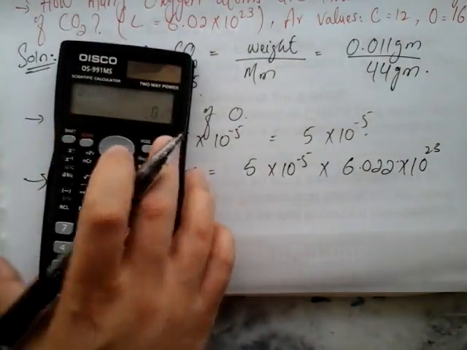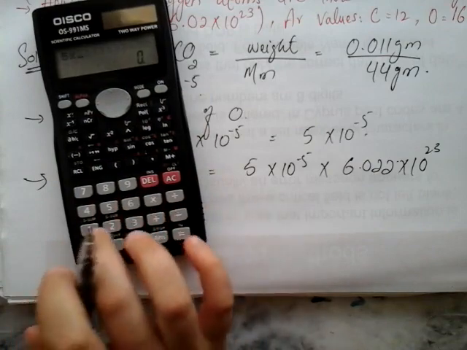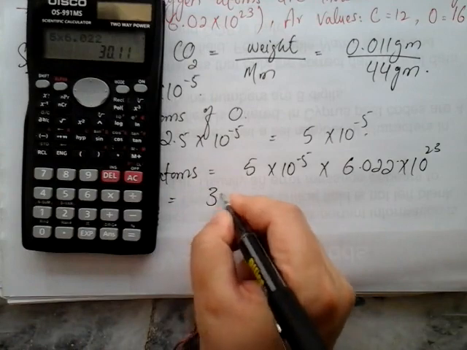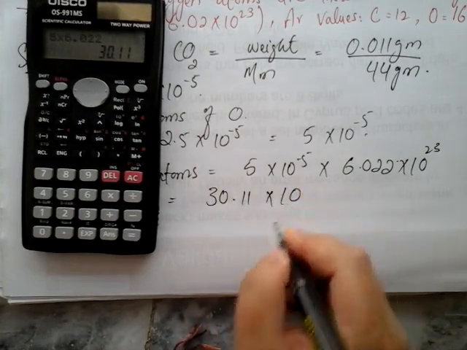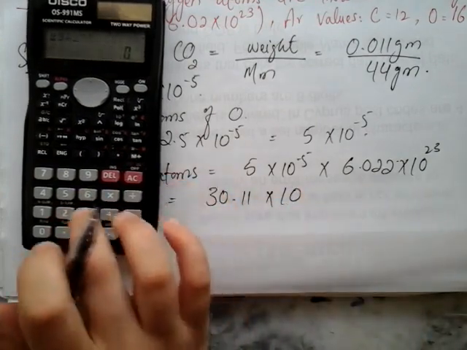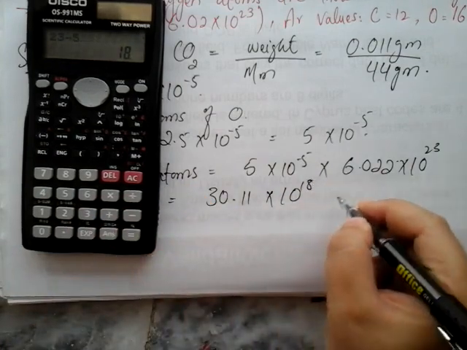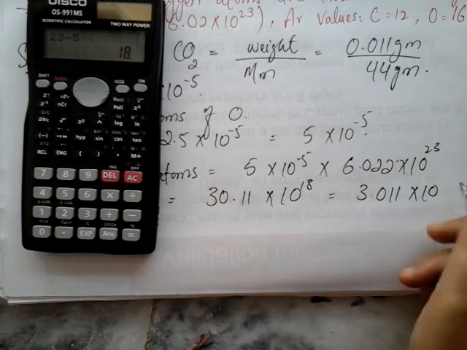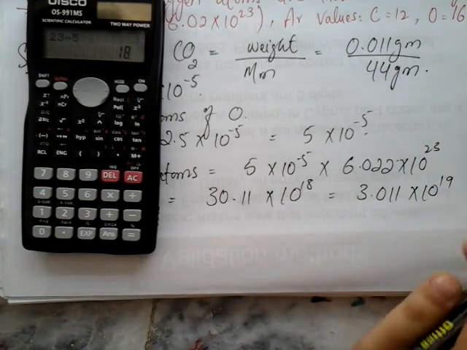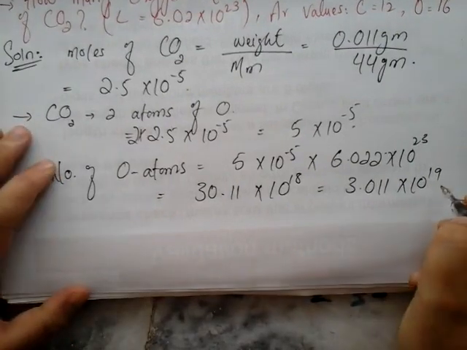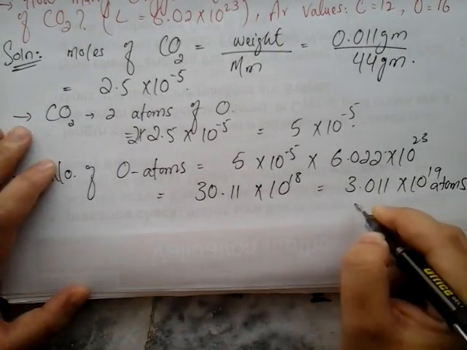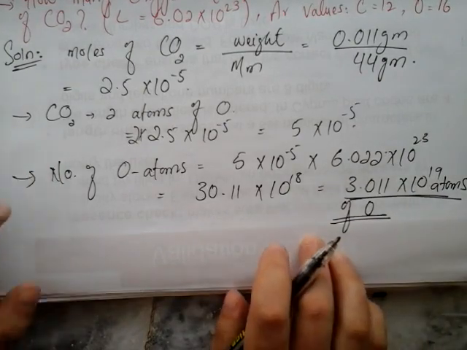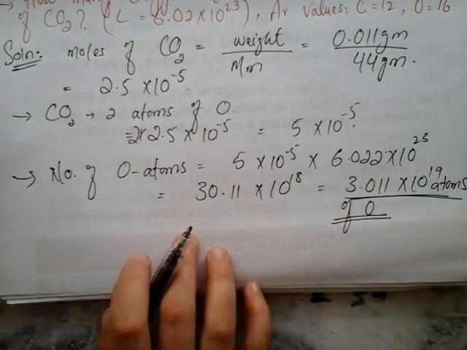Multiplying these values, we get 30.11 into 10 raised to power 18, which is almost 3.011 into 10 raised to power 19 atoms of oxygen. So this is how you can solve the question.